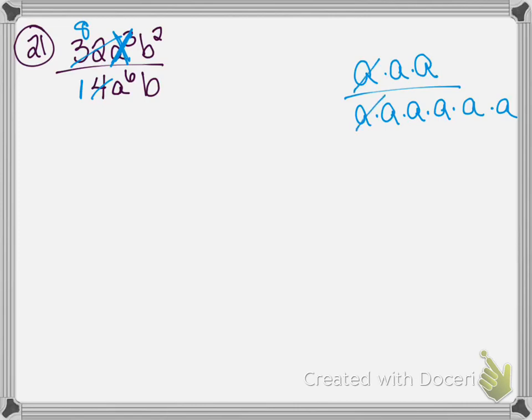And if they're in the top and the bottom, we cross them out. So we're left with a to the 3rd in the denominator. So this a to the 6th becomes a to the 3rd. My b in the denominator cancels. And so then I'm left with b to the 1st in the numerator. So my final answer is 8b over a to the 3rd.